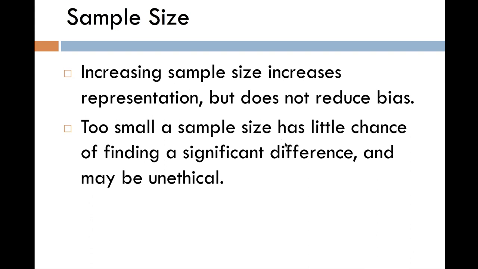Last thing I believe we're talking about with participants and sampling is going to be sample size. And this is something we're going to talk more about as we go, when we talk about looking at data, forming data, analyzing data, getting inferences from data. As we increase sample size, that's going to increase representation, right?